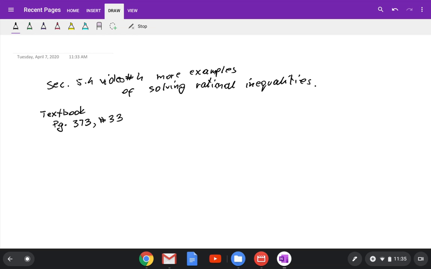We need to solve this rational inequality: x plus 1 over x minus 1 greater than 0, algebraically.